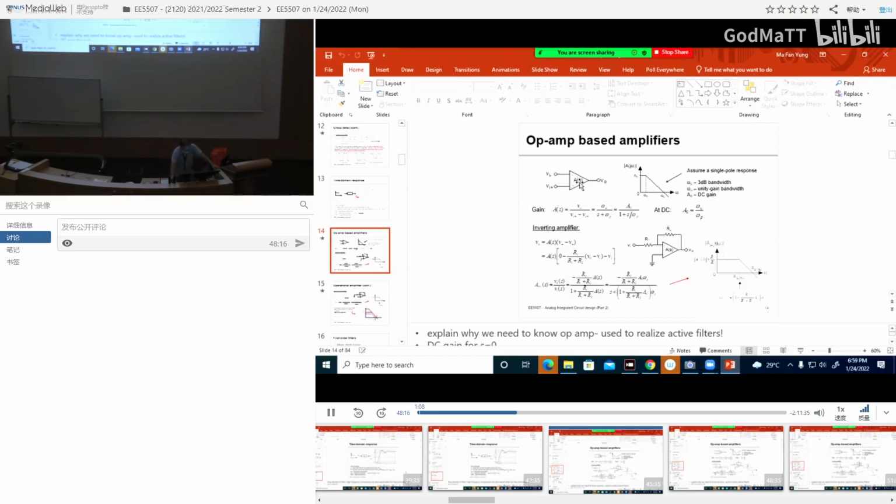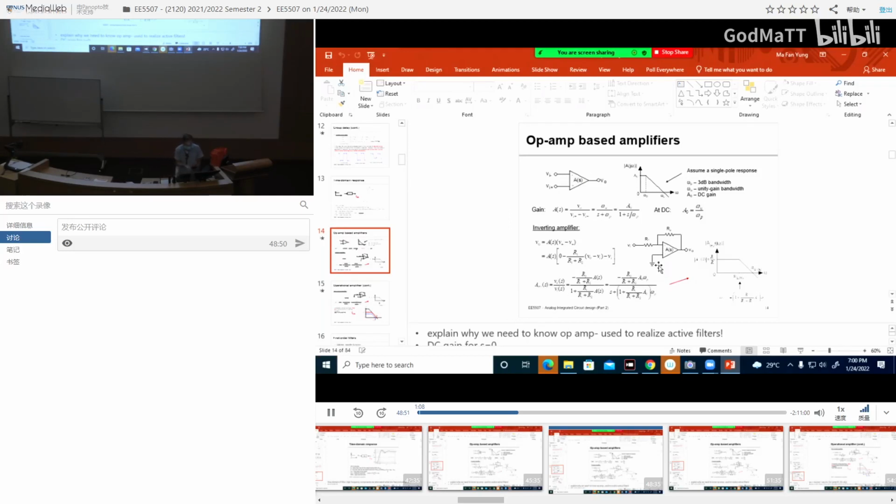So with this building block, we can build what we call an inverting amplifier. Inverting means the output is the inverted version of the input. And what is the transfer function of the inverting amplifier, Vout over Vin?